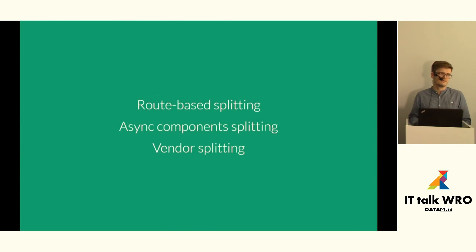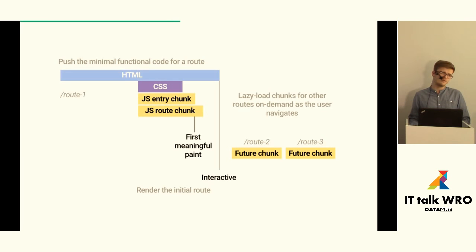So now we know how to use it from a syntax perspective. But it's also important to understand how we can use it from a functional perspective. The first and easiest way to split your application is route-based splitting. So let's imagine an online shop where you can buy trousers.